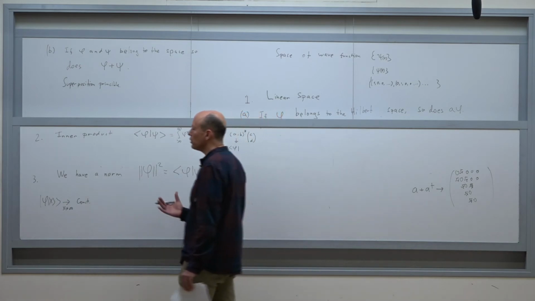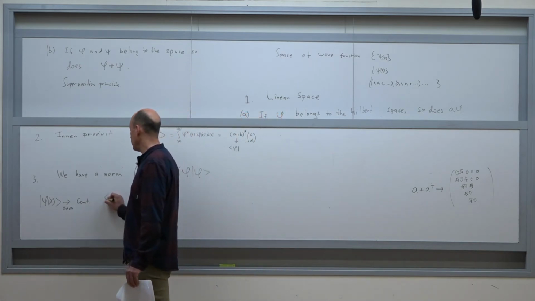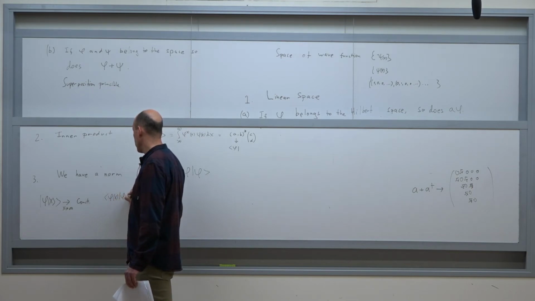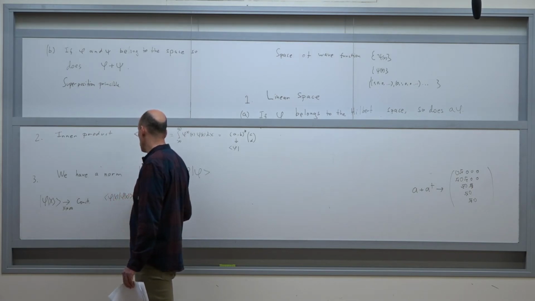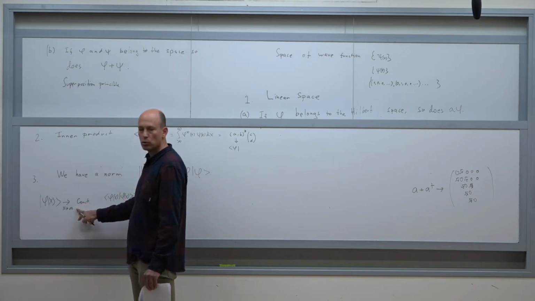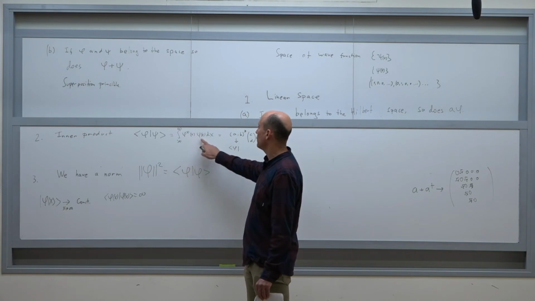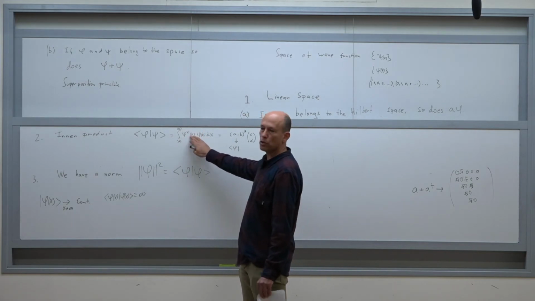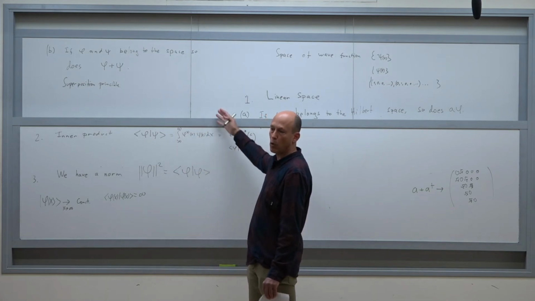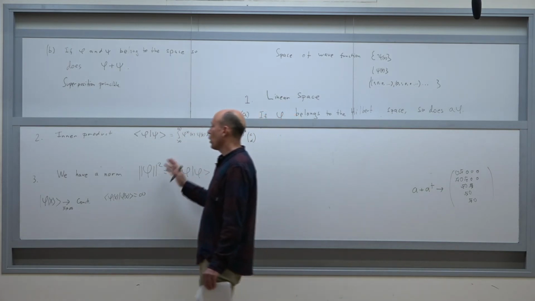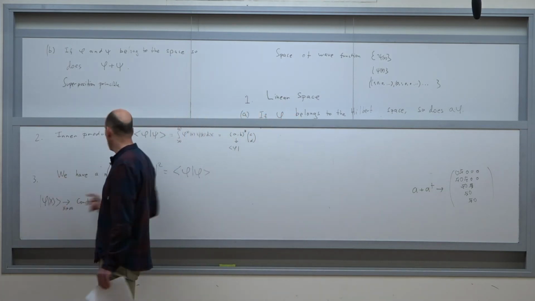This is not legitimate, because <phi|phi> gives you infinity: if the function goes to a constant, then when I do this integral of phi star phi dx at large x, this will be a constant, and then the integral will blow up. So we always assume that the norm exists.